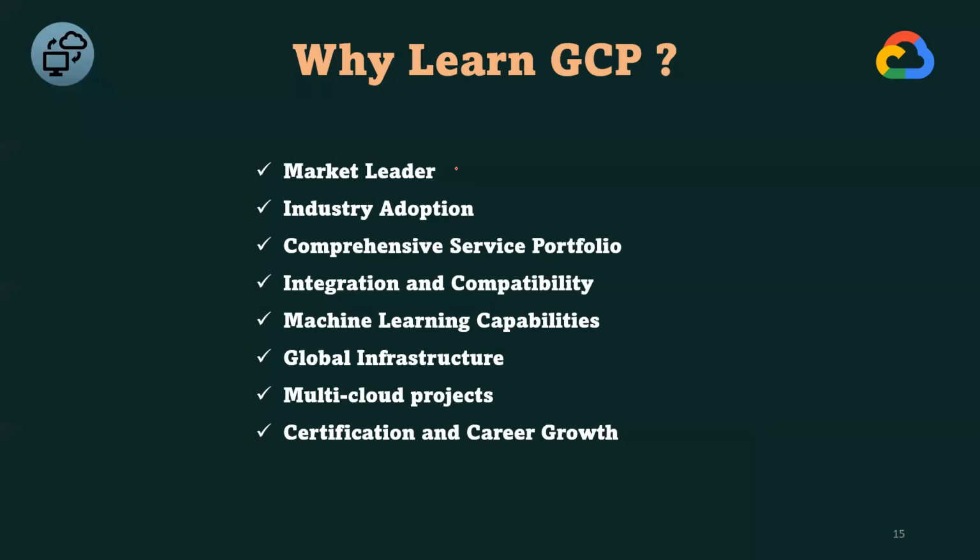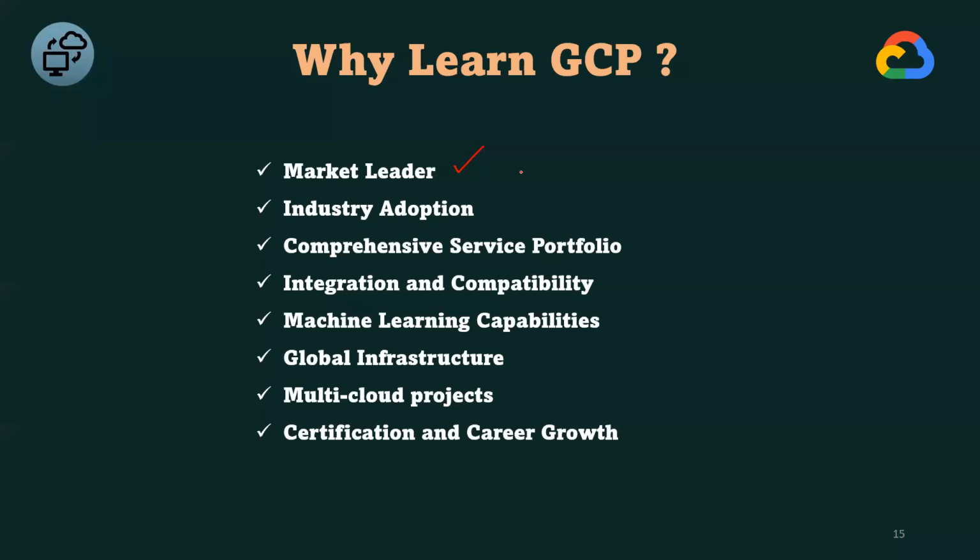And it's a market leader, from startup companies to big MNC companies. Most of the companies have already started using the Google Cloud Platform, and GCP is one of the leading cloud platforms globally with a wide range of services and strong presence in various industries. Many organizations, from startups to enterprises, are adopting the Google Cloud Platform for cloud infrastructure, making GCP highly valuable in the job market.